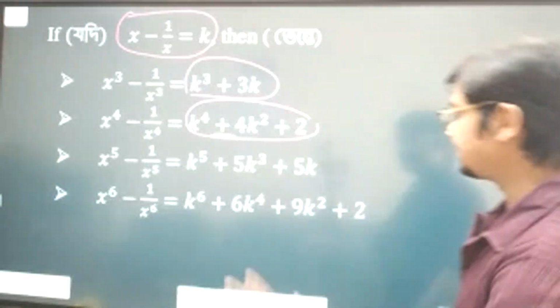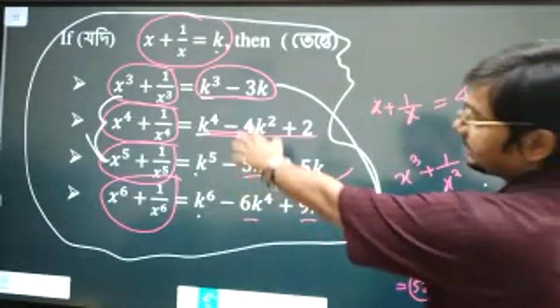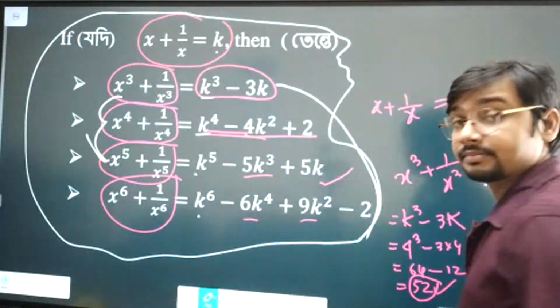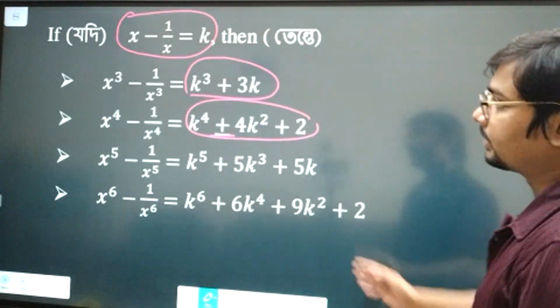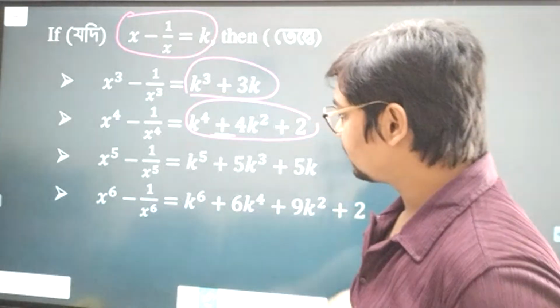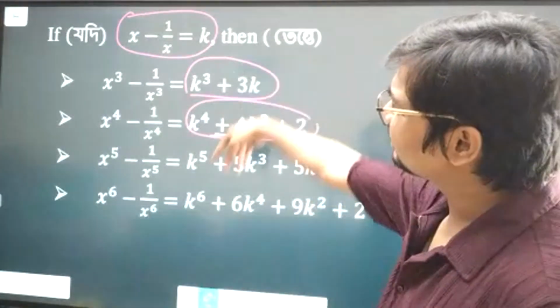Okay. You see in case of minus, everything is in plus. But here in case of plus, here minus, here minus, here minus. Is it okay? This is the difference. So I think you can easily remember if you remember any one for plus or minus, then the other one automatically it will be okay. Is it okay? Just try to remember.